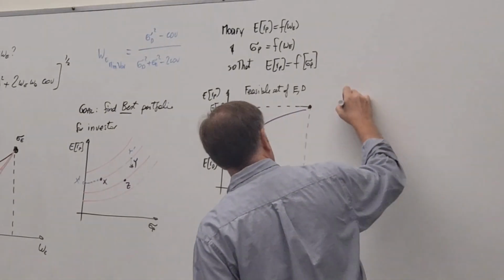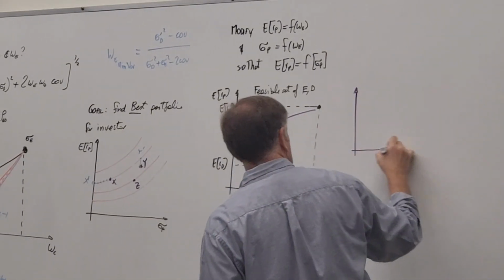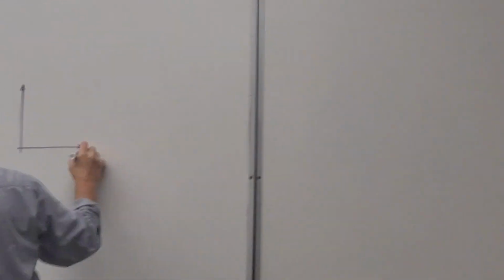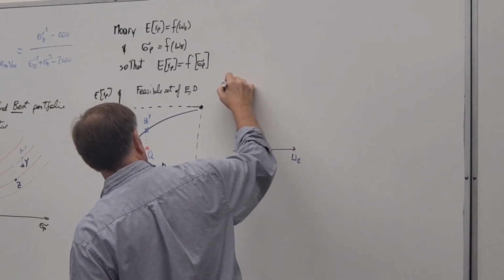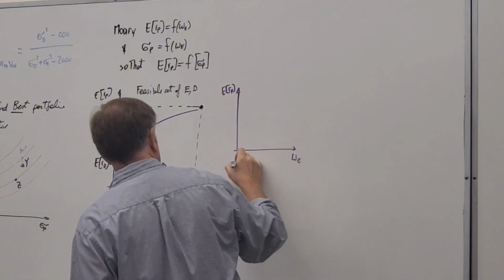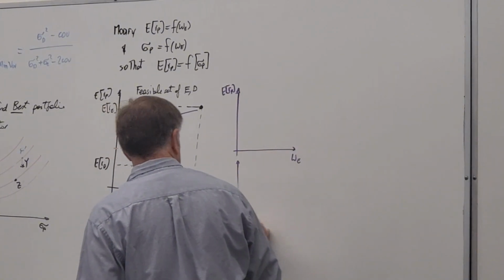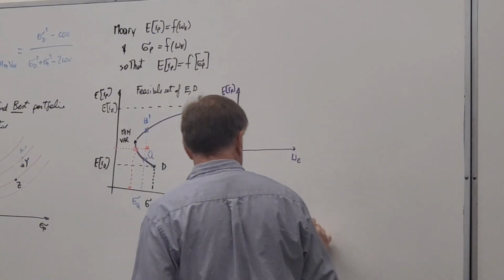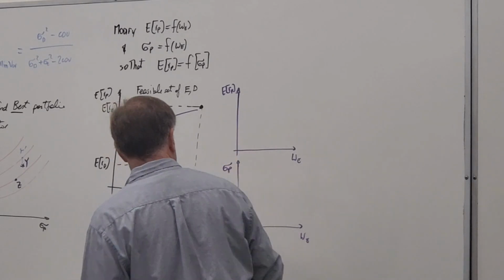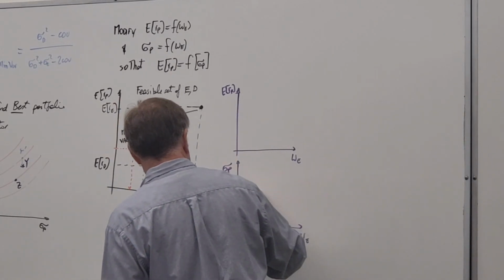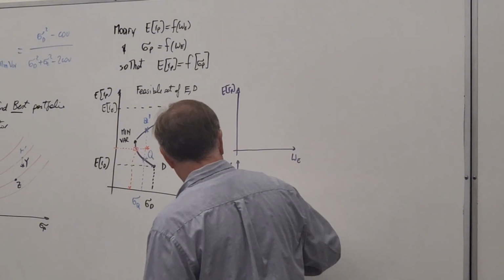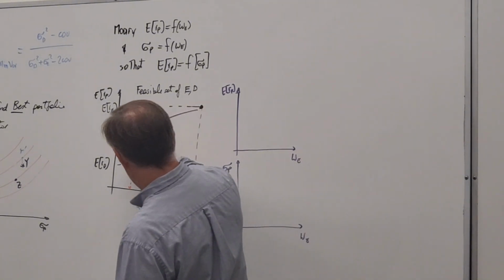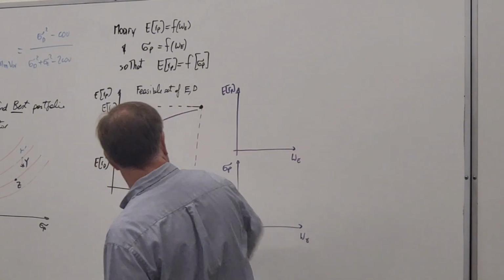So, weight of equity, expected return over P. Weight of equity, sigma D. So now from this level, I get all the way to that level. The lowest amount of risk I get is this much.